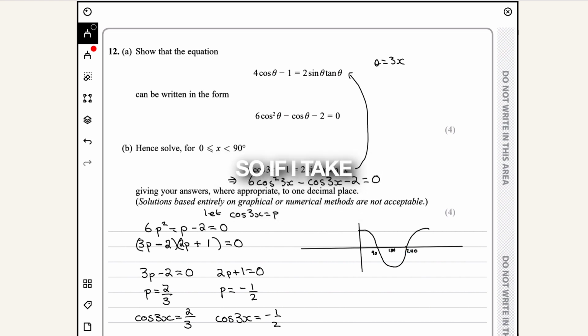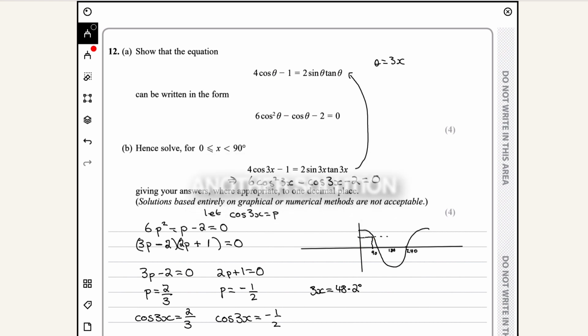So if I take one solution here of 2/3, if I do that on my calculator, I would do cos to the minus 1 of 2/3, and I get 48.2 degrees. So 3x could be 48.2 degrees, which would make sense on here. 2/3 is up here, and my 48 will be down here.